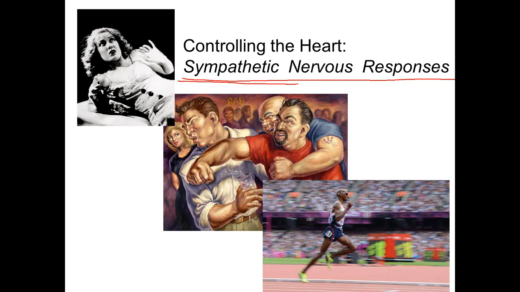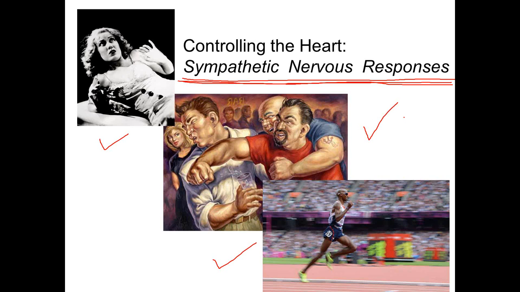If you remember, the sympathetic nervous system prepares the body for action, in terms of fright, fight, or flight. But basically, it is a protective mechanism. So the sympathetic nervous system is heavily involved with controlling the heart.